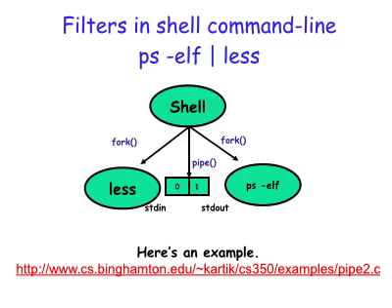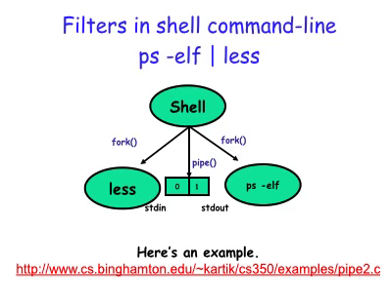This figure shows one way of doing this using a pipe. The parent shell creates a pipe and then forks two child processes. Both processes inherit the pipe descriptors to a common pipe. One process execs the ps command and another process execs the less command.